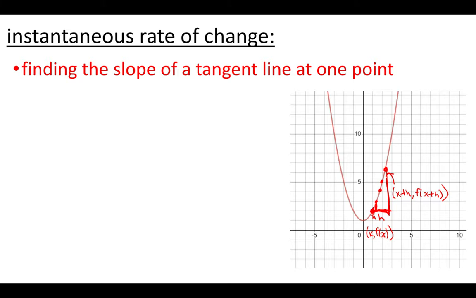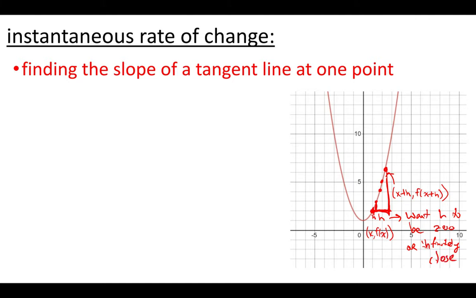In other words, we want the distance between the first and the second to be as small as possible. Ideally, we would like h to be 0, or infinitely close to 0. And how we can do that is by taking the limit.